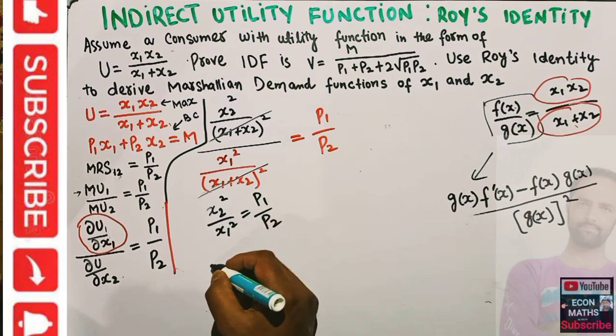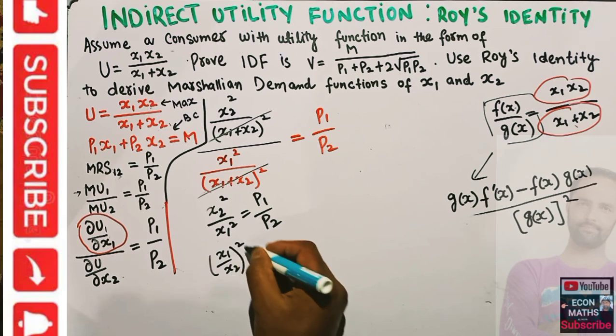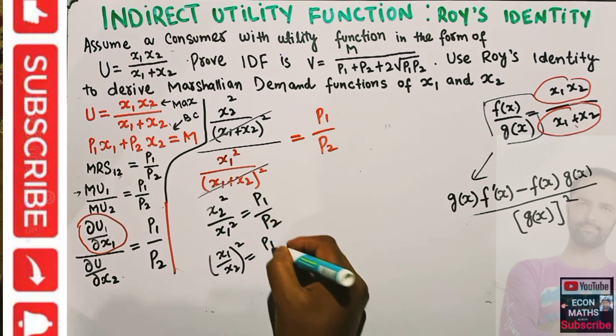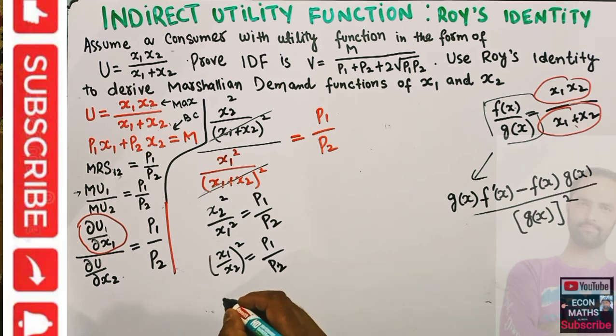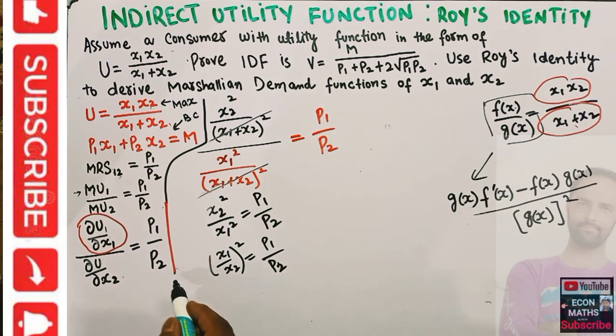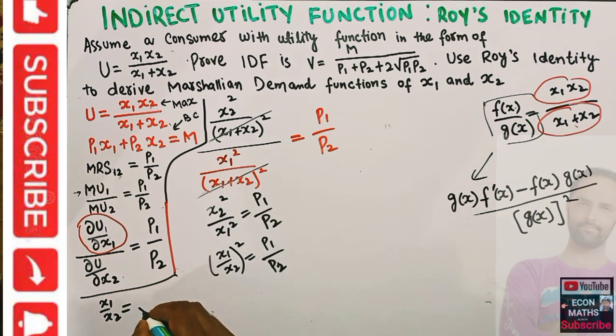Okay, so this can be written as x1 upon x2 whole square is equal to p1 upon p2, which means I can write x1 upon x2, transposing this square, it will become root, of p1 upon p2.